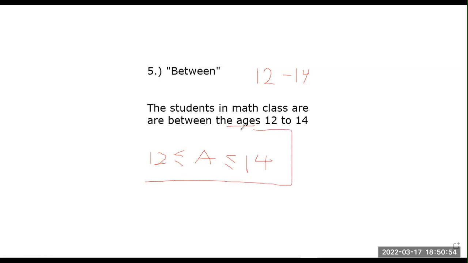This is how you would represent between. So if I say the ages of students in a math class are between 12 to 14, and I want to write this as an inequality, I would put 12 less than or equal to A less than or equal to 14. And this is the general example you would use.